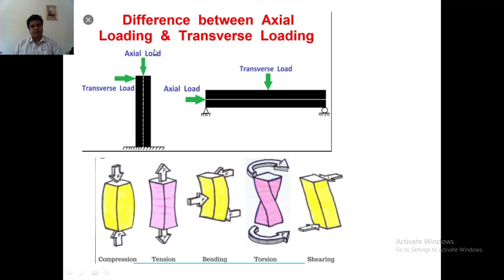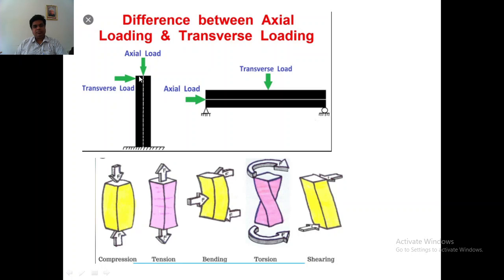So here, to understand the types of loading, or how the load is applied on mechanical members or structures, we can say the first and common kind of loading is the axial loading, or axial load. So you can apply the load or force on mechanical structures or civil structures, for example this column, in such a way that the load is applied along the axis of the member or the column here.